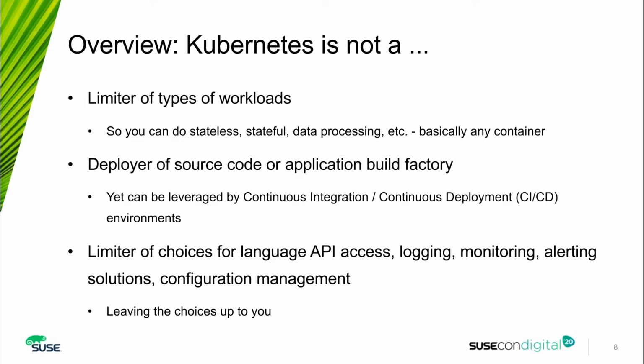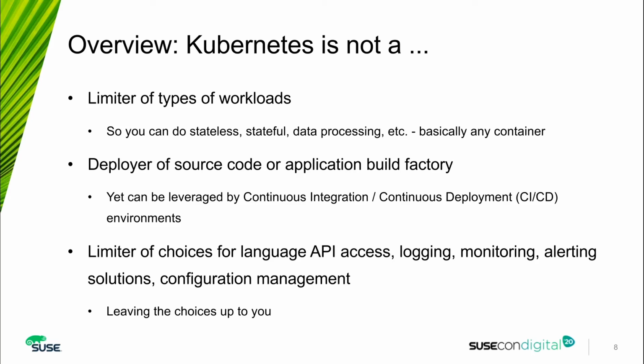But it can be completely buckled into that. So in an application build factory, Kubernetes is the target where all that happens. So you can create a build process for containers that utilizes Kubernetes and then puts that container image in a registry for the next thing to use it to orchestrate it as its deployment.